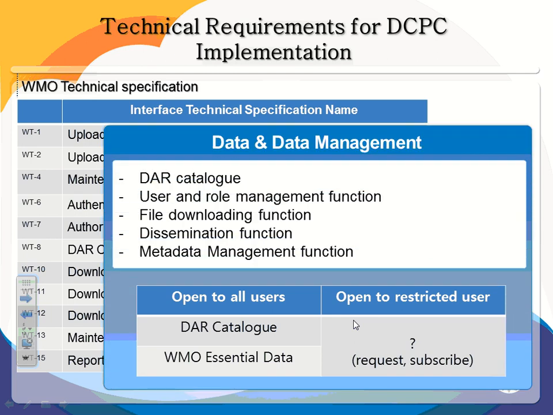In the case of JISC Seoul, we have a very simple policy for this user and role management function. We just have 2 functions. The first is that some data is open to all users. The DAR catalog is open to all users, even if the user is not registered or not logged in.